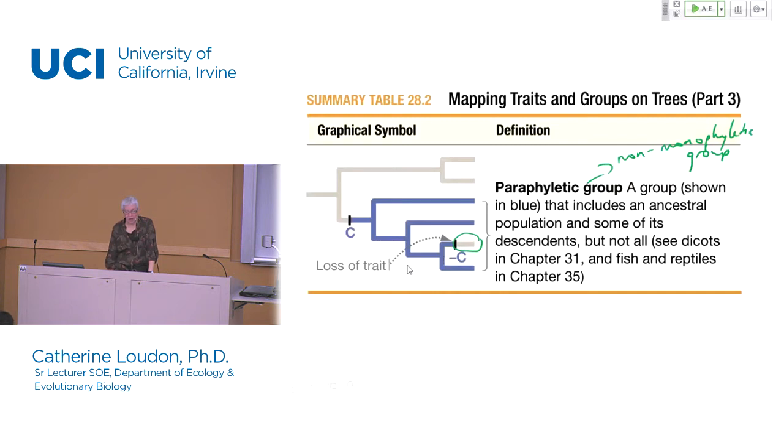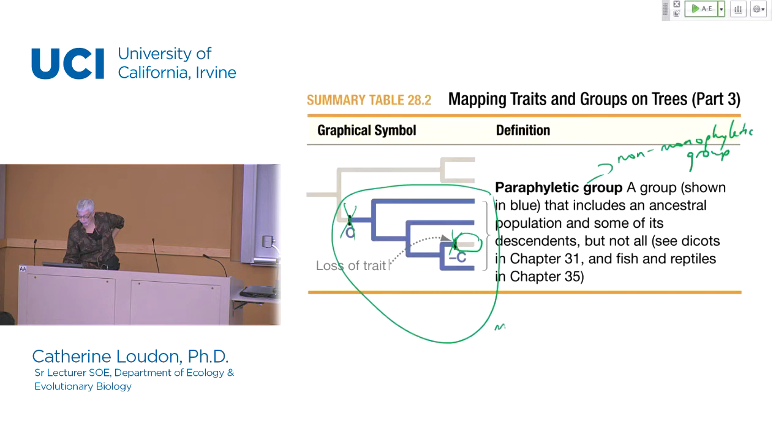If one was going to pull out all the taxa represented in blue, meaning not this one right here, then one would have to do two SNPs, right? One SNP there, one SNP there. Including all of them is an example of a monophyletic group.